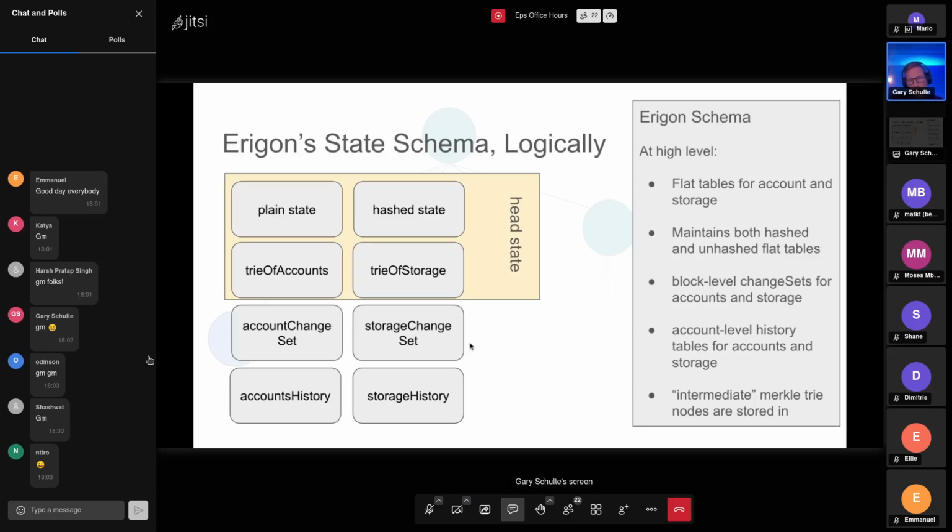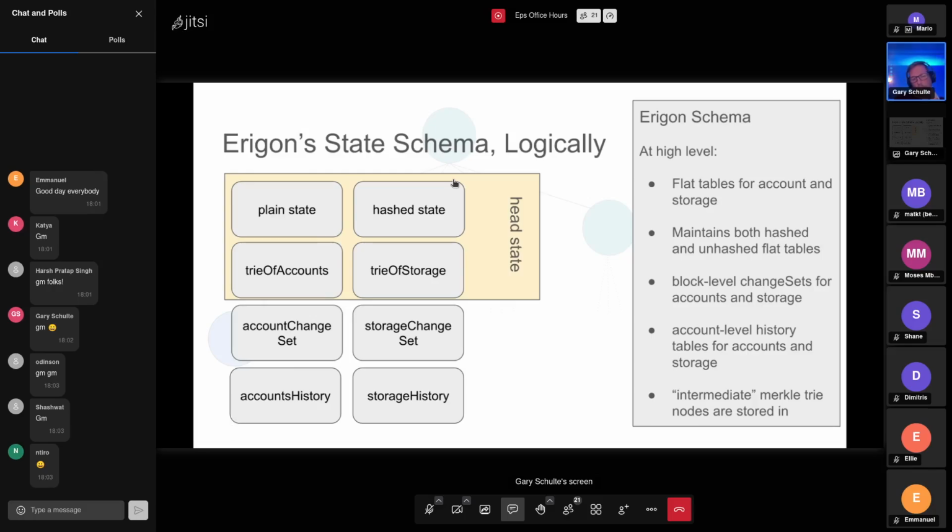Where Aragon's archive use case is served well is these tables down here: the account change set, storage change set, account history, and storage history. The storage change set and accounts change set, anything that's the change set, is keyed by the block itself.